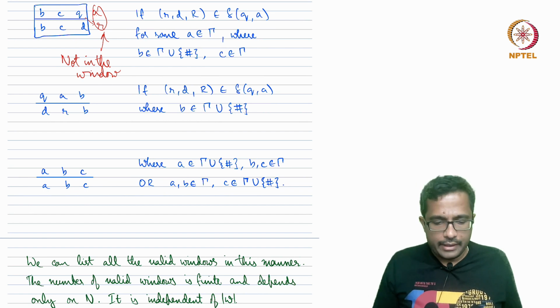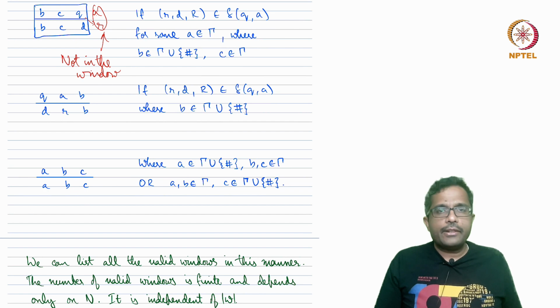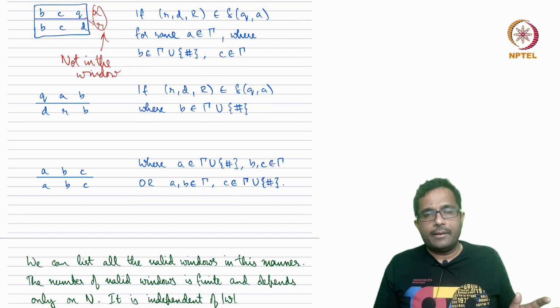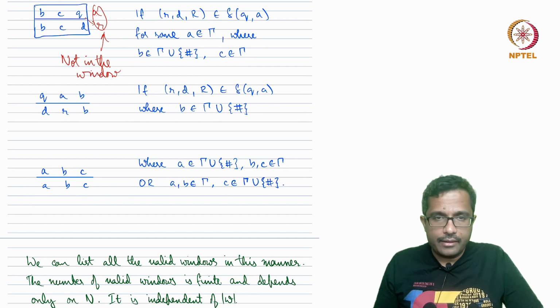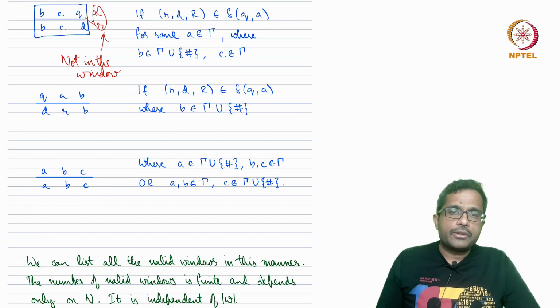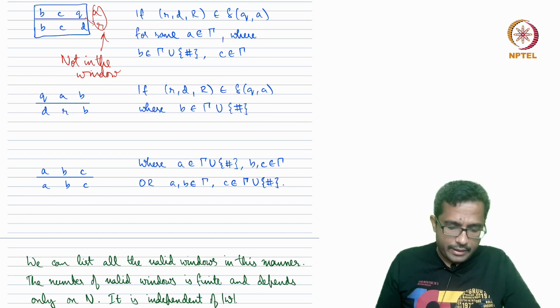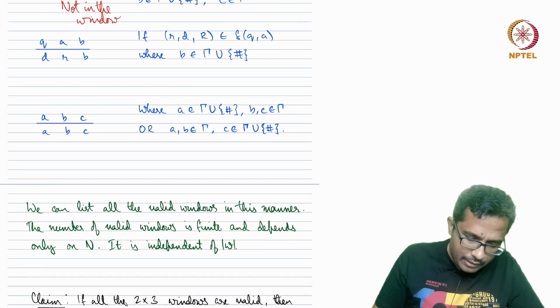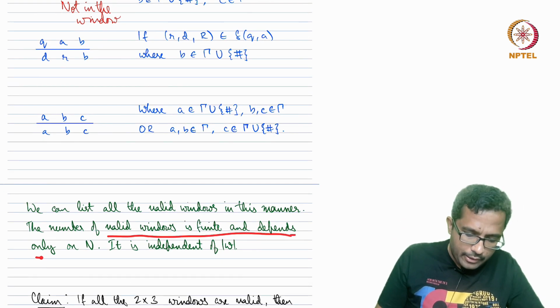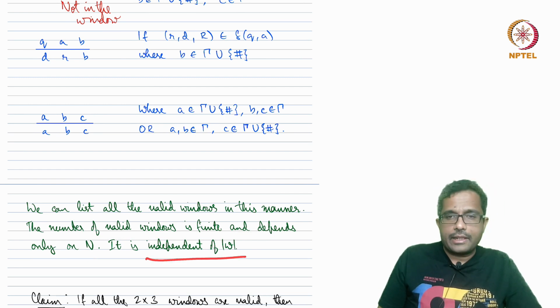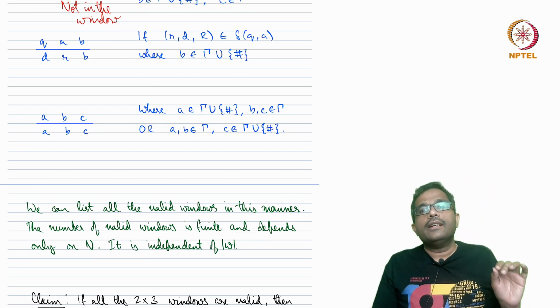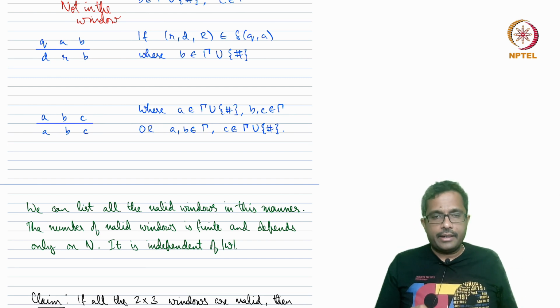So the number of valid windows is a constant, meaning it is independent of the input string, but dependent on the Turing machine. So that's what I've written here: the number of valid windows is dependent only on the Turing machine M and is independent of the input string. In particular, it is independent of the length of the input string, right?